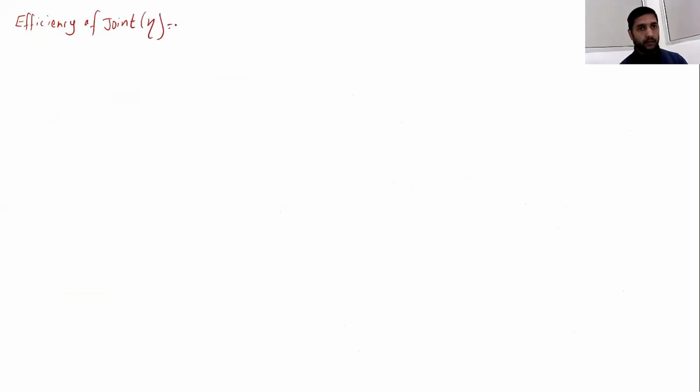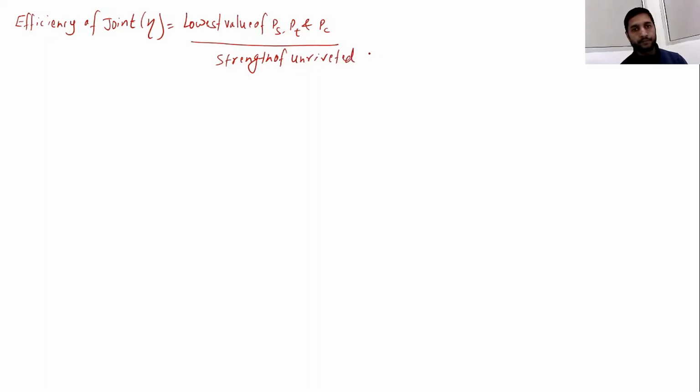And you know, efficiency of joint will be lowest value of PS, PT, and PC, out of these three, divided by strength of unriveted solid plate. ठीक है. So it means now we have to find out PS, PT, and PC. तो वो आप निकाल सकते हो आराम से, because now we have all the values. You need to just find out the values.